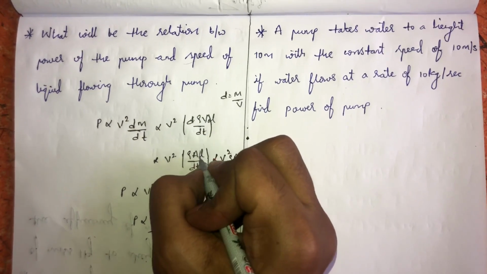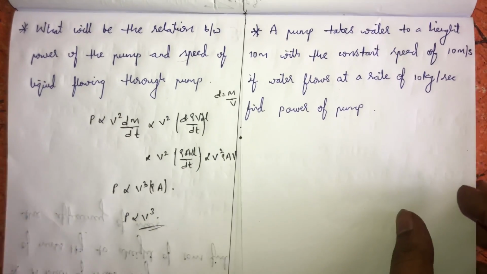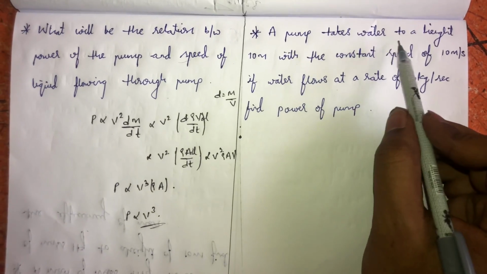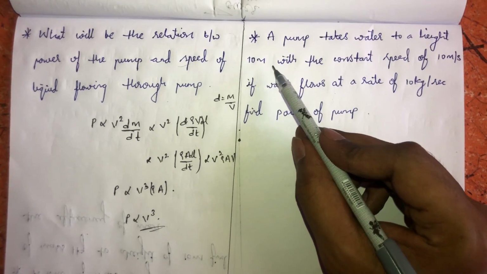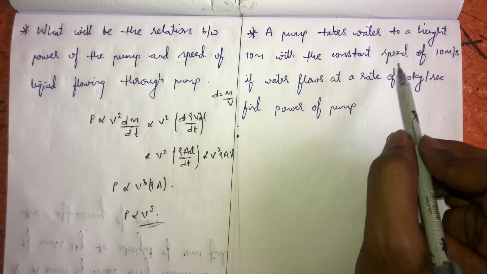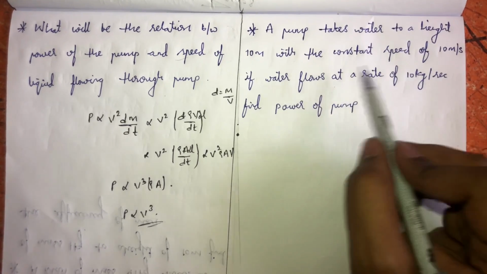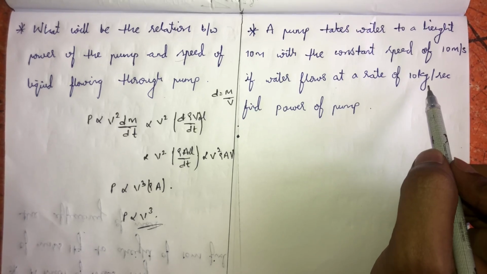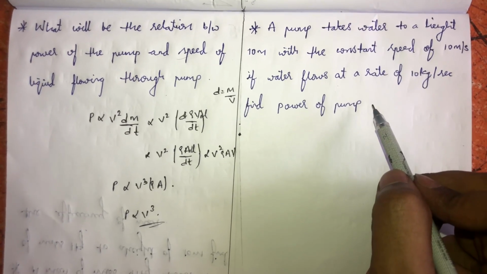Here we'll take dl. So next, a pump takes water to a height of 10 meters with a constant speed of 10 meter per second. If the water flows at a rate of 10 kg per second, then find the power of the pump.